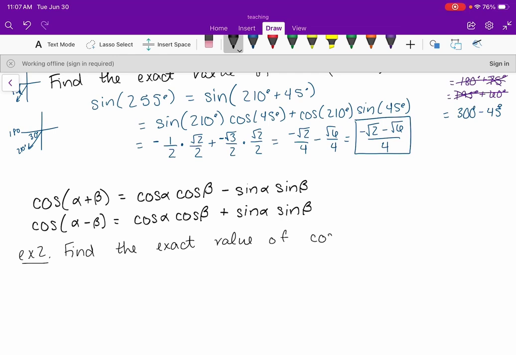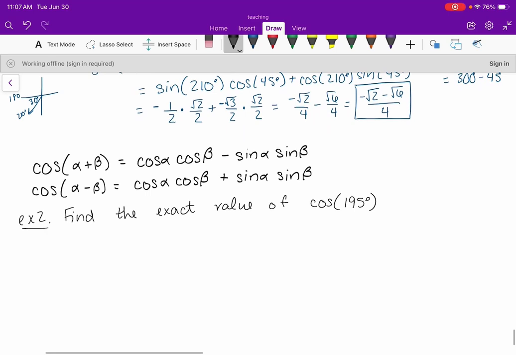of cosine 195 degrees. Now also remember, anytime something says exact value, we're not trying to use decimals or anything because that's not exact anymore. So we're trying to use square roots and stuff. So I'm looking for two angles that can add, or we could also subtract to get 195.